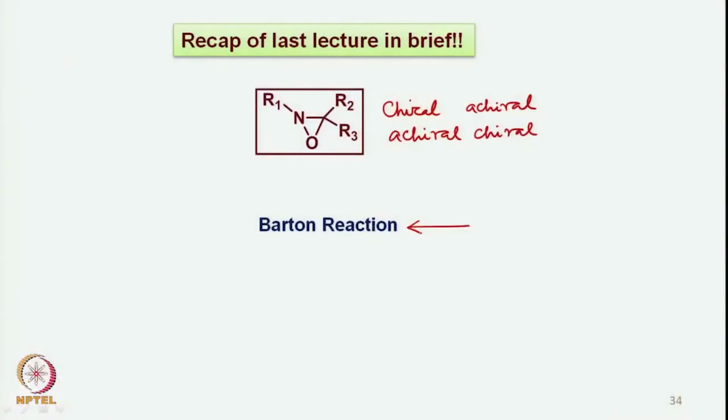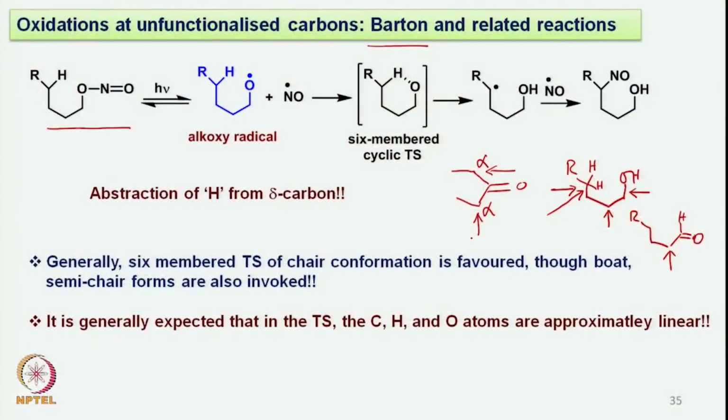Then towards the end we discussed the Barton reaction, which is the oxidation at the unfunctionalized carbon. So we will now proceed with the Barton reaction and related reactions where the oxidation at unfunctionalized carbons can be carried out.